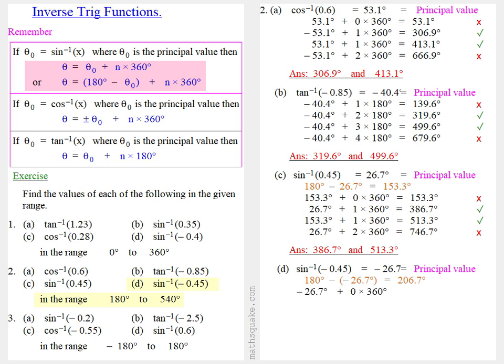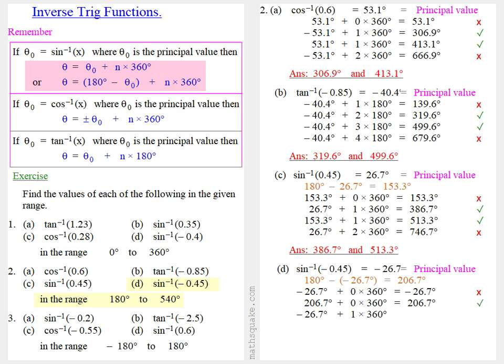So if we let n equals 0, we have minus 26.7 degrees plus 0 times 360, which is minus 26.7 degrees, which is too small. We also have 206.7 degrees plus 0 times 360, which is 206.7 degrees, which falls in the correct region.